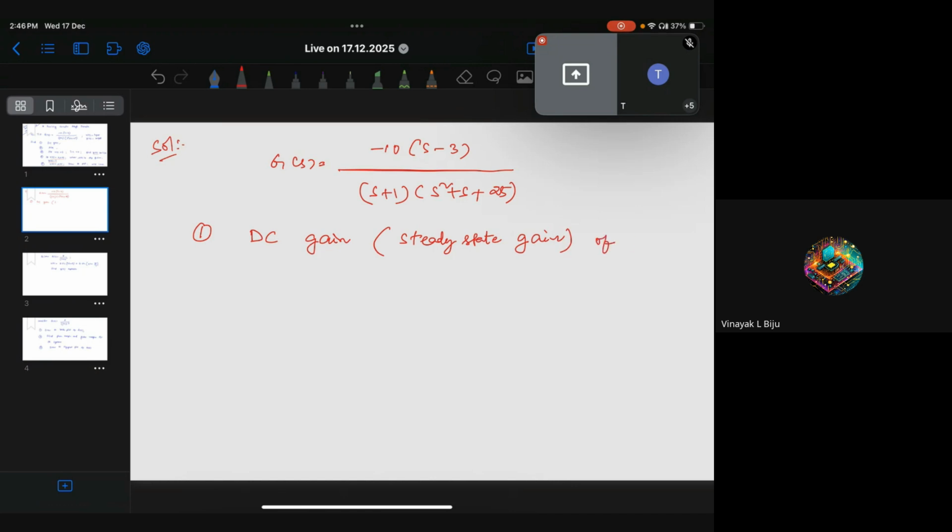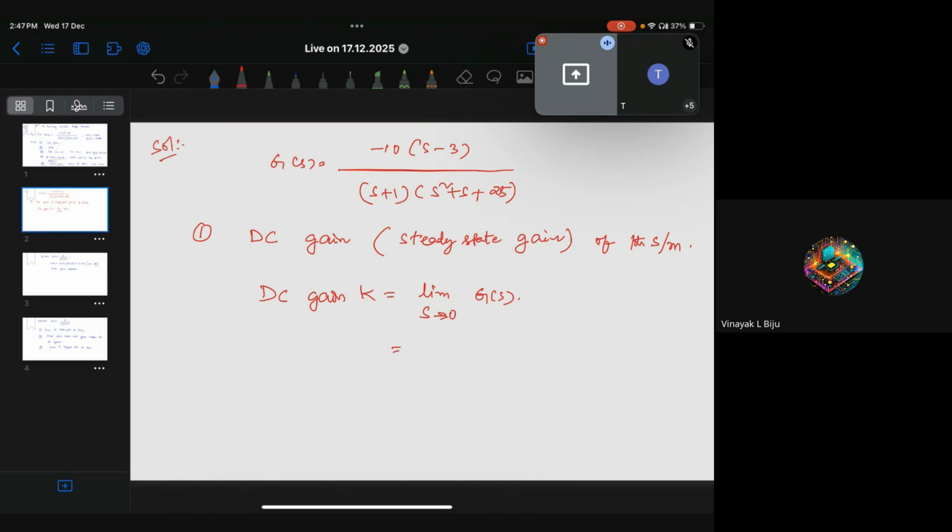How do we find it? DC gain K is nothing but the limit of s tending to 0 of g of s. When frequency is tending to 0, we get the DC gain.